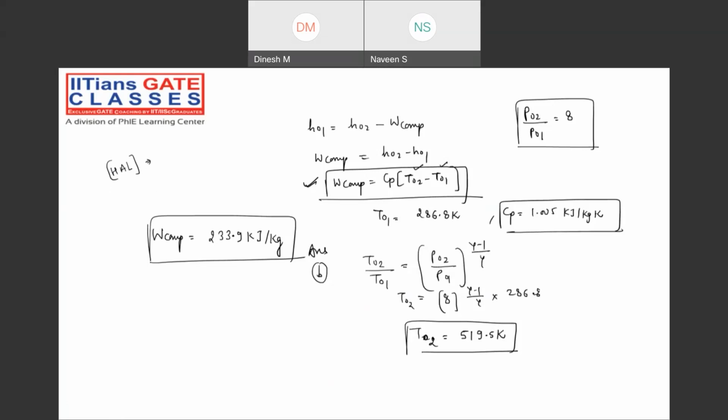Same thing you are doing in thermodynamics also. There you are calculating Cp (T1 minus T2) because there you know the velocity actually. So directly you are calculating in terms of Cp (T1 minus T2). In fact, the normal compressors that are not used in aircraft are different from those used in aircraft.